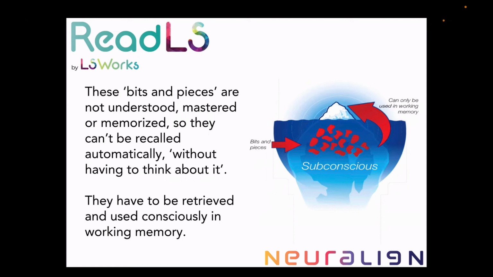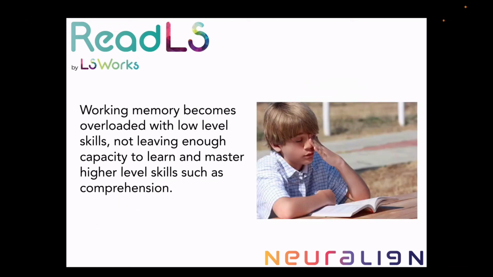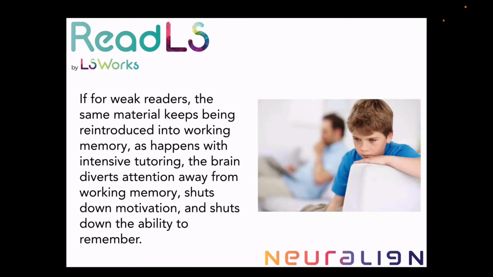They have to be retrieved back into the working memory, so it's not automatized. The working memory becomes overloaded with the low-level skills, not leaving enough capacity to learn and master the higher level skills such as comprehension.